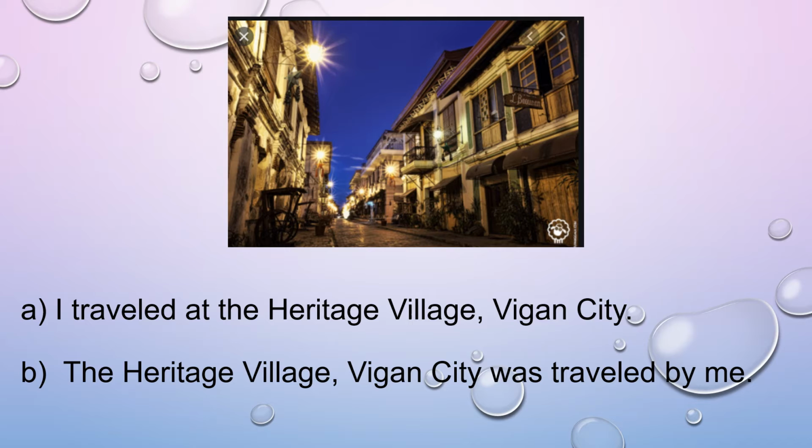A: I traveled the Heritage Village Vigan City. And sentence B: The Heritage Village Vigan City was traveled by me. Again, if we try to compare, we see that they have the same meaning, but they are different in structure. The verbs in these sentences are also different. So that is what we are going to learn about today.